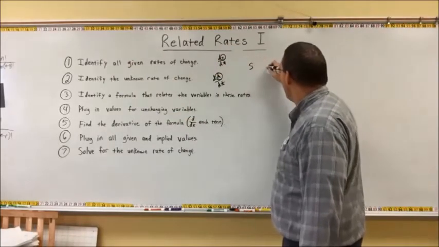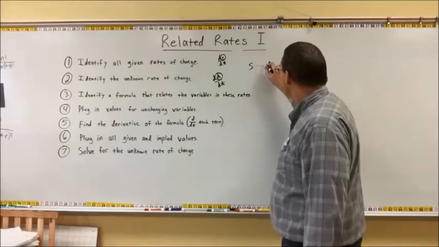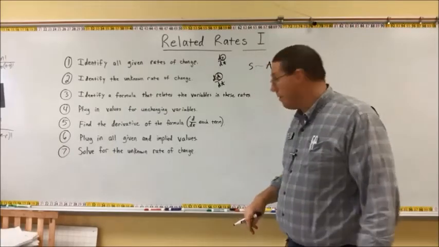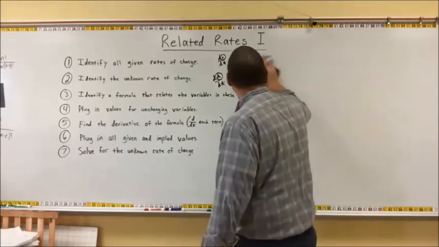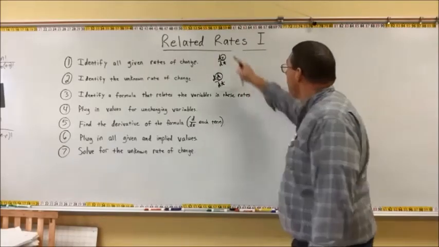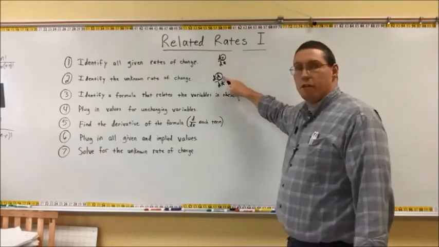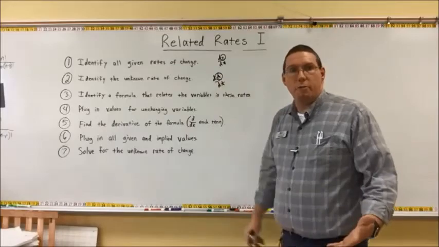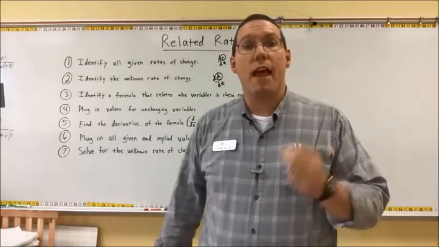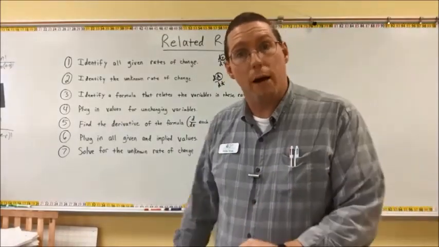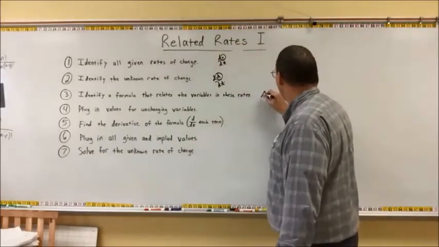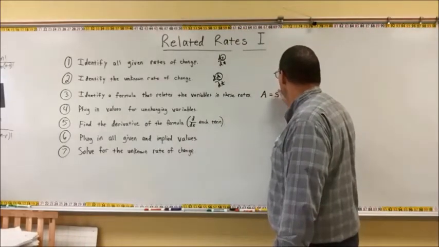Are S and A related to each other? The answer is yes. The side of a square and the area of a square are related. There's a formula: the area of a square is equal to side squared.